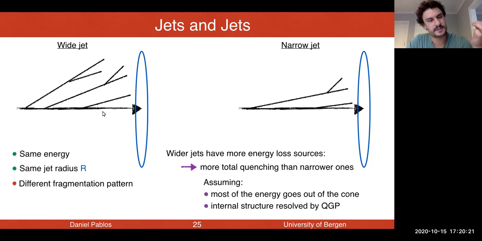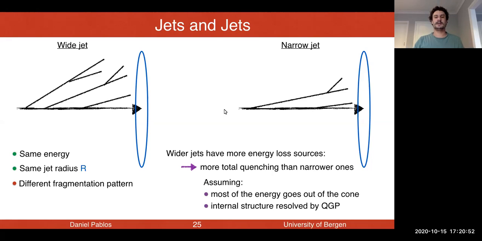Each of these partons is contributing to radiating energy out of the cone. So there's more quenching, more energy loss, for these kinds of patterns than for the narrower ones. Here, of course, we are assuming that most of the energy goes outside of the cone. This is something that we will need to address later on by talking about medium response. And also we're assuming that the internal structure of the jet is resolved by the QGP.